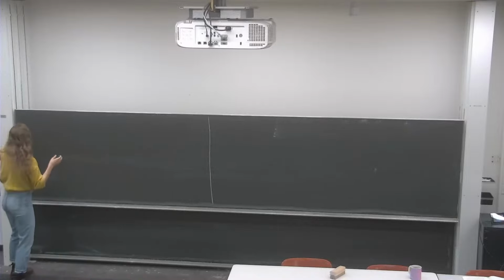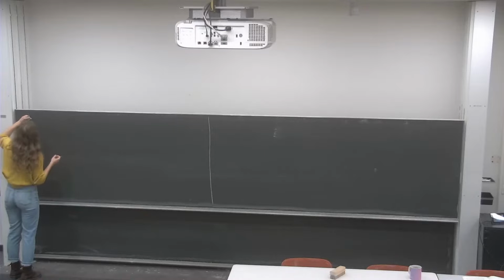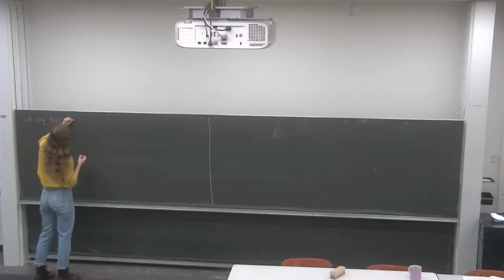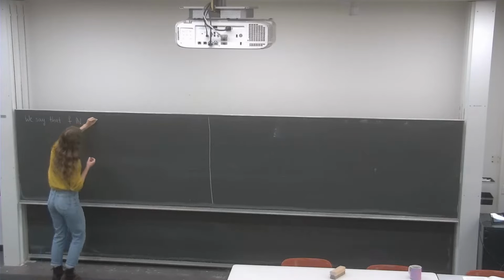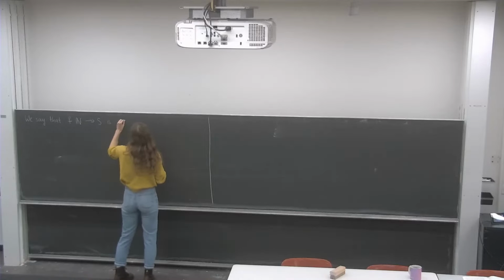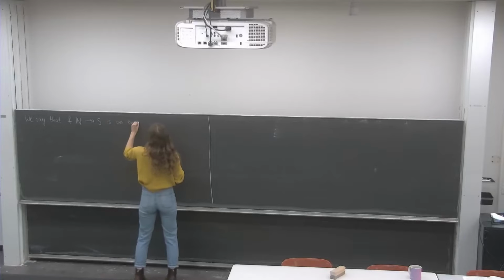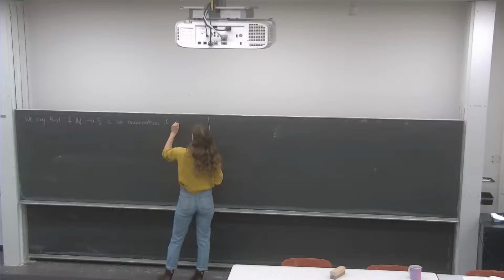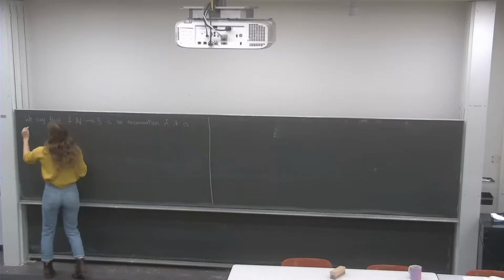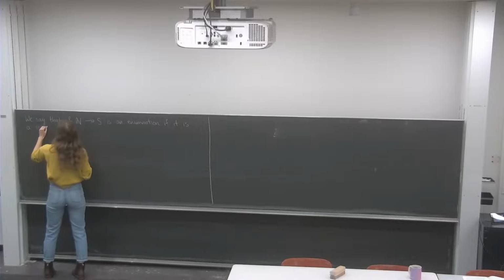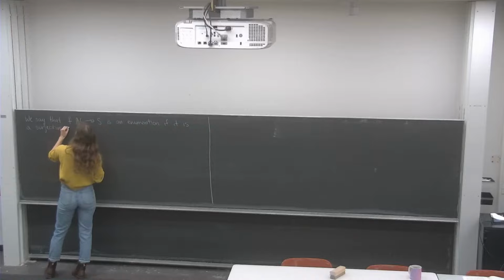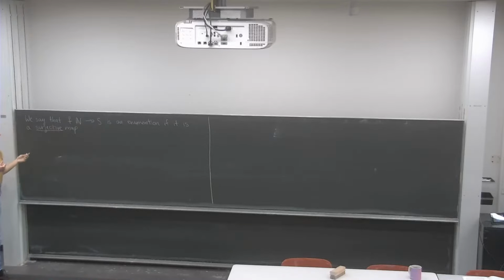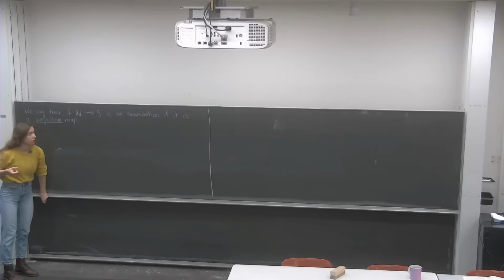So we will, let me just write it down, we say that f from N onto S is an enumeration if it is a surjective map. Not necessarily a bijective map. That's what I was saying last time. I think this will be more useful, or yeah, it's going to make things a bit simpler.